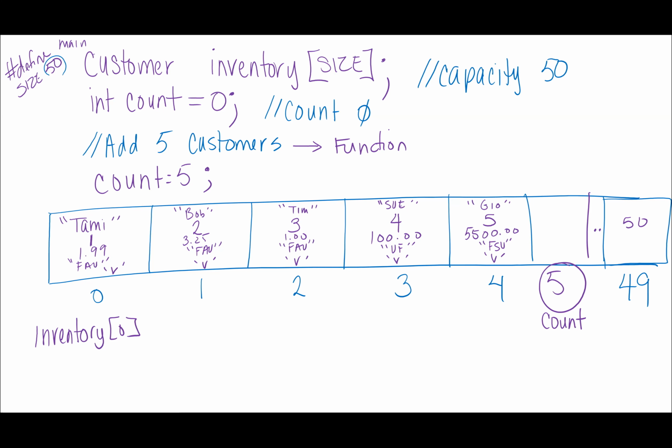When we're dealing with our customers, if we wanted to get the order number for this customer right here, this would be inventory at index 2 dot order number. I don't know if that's the right name, but whatever.